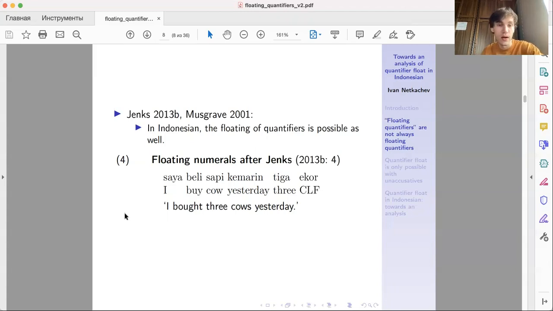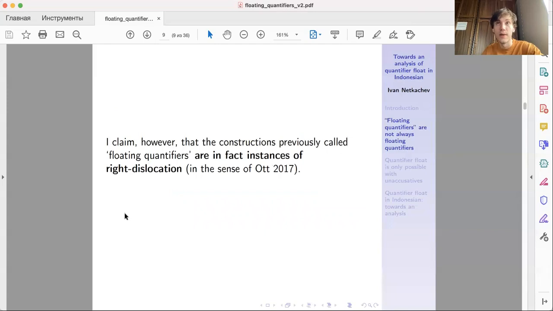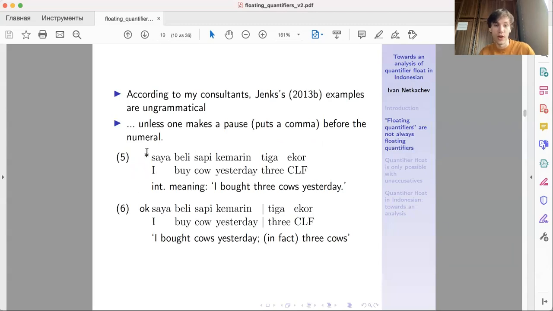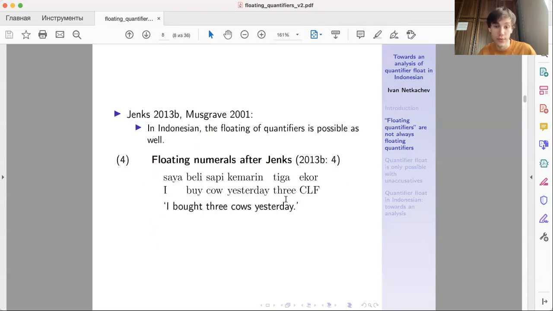However, it appears that the picture is not that simple. It appears that the examples of floating quantifiers that have previously been shown are in fact sentences involving right dislocation. My consultants reject sentences like the one in 4.